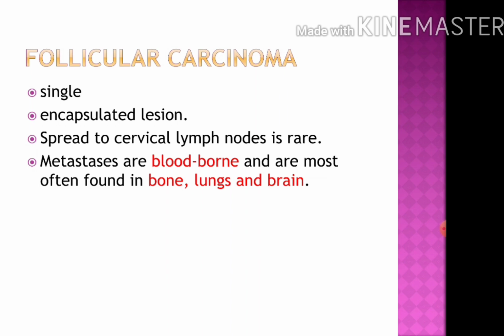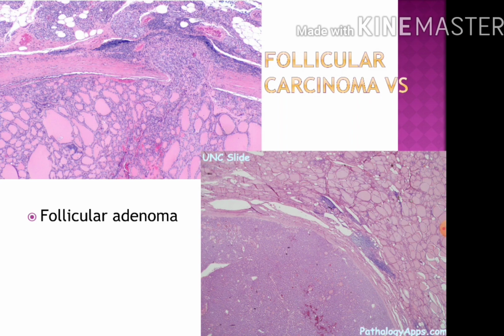The most common spread or metastasis is through the blood, and it is most often found in the bone, lung and brain. The picture here shows papillary or follicular carcinoma; differentiating it from follicular adenoma is sometimes difficult.